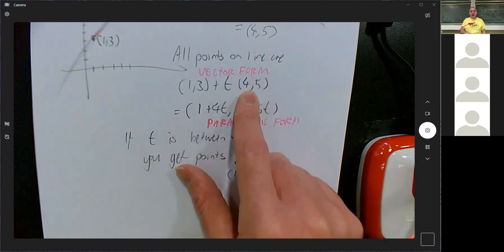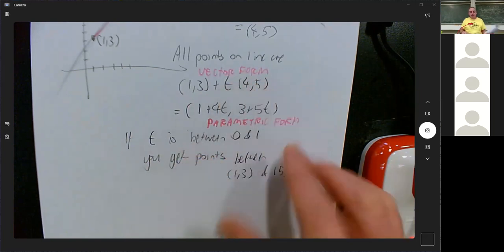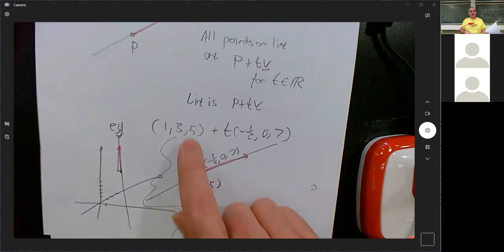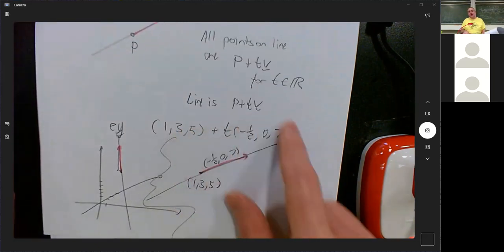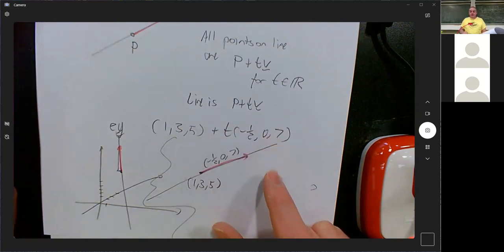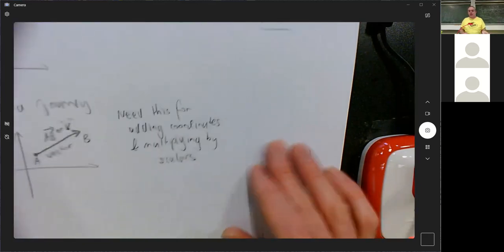So I do know that the line is parallel to this direction. And that's true in 3D just as much as this. It passes through this point and it's parallel to this direction. All right. That is definitely a thing we know about lines.